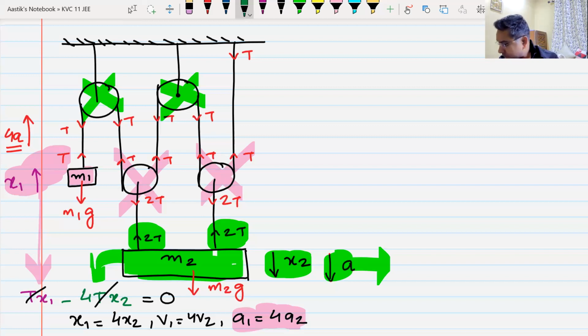M2G minus 4T. That's it. Nothing else. We have done it so many times.